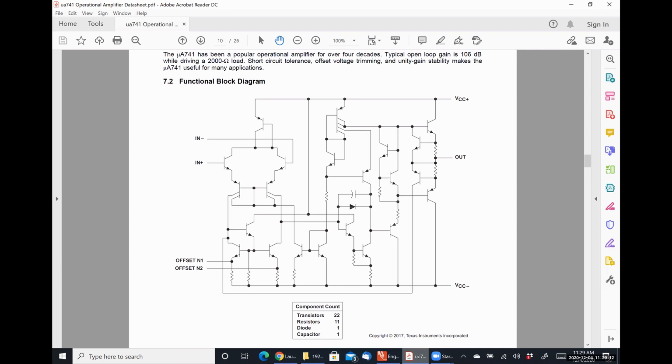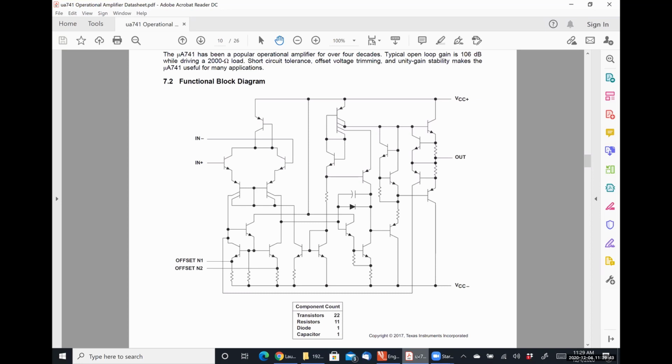We can see down here, it has a component count of 22 transistors, 11 resistors, 1 diode, and 1 capacitor. We would be extraordinarily hard pressed to analyze this circuit. In fact, we wouldn't be. In your EE curriculum here at Tech, you won't even get close to this unless you happen to take my course on integrated circuit design as one of your electives when you're a senior, okay?